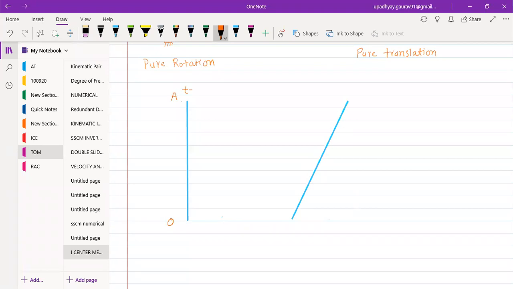At t equals to 1 second, the location is this, and when the time progresses after t equals to 2 seconds, the location of this link is this.